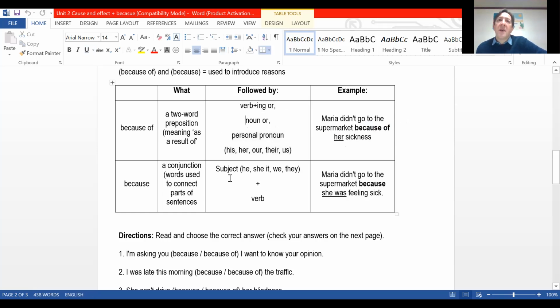And after because, usually we're going to have a subject, which is not the same as a personal pronoun: he, she, it, we, they, plus a verb. Maria didn't go to the supermarket because she was feeling sick.